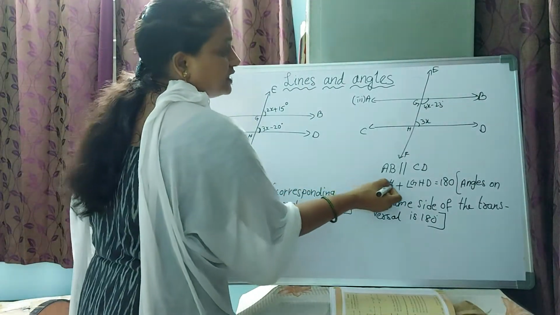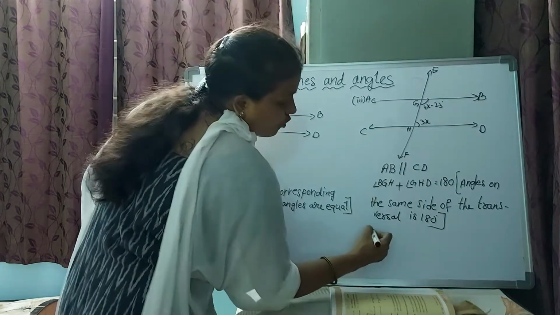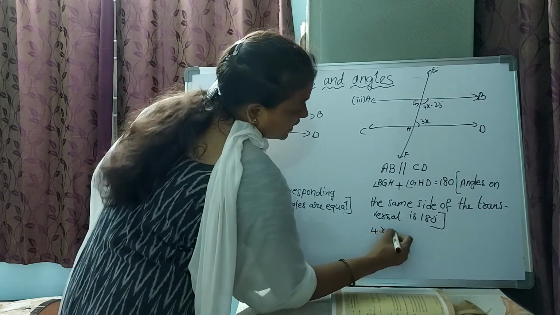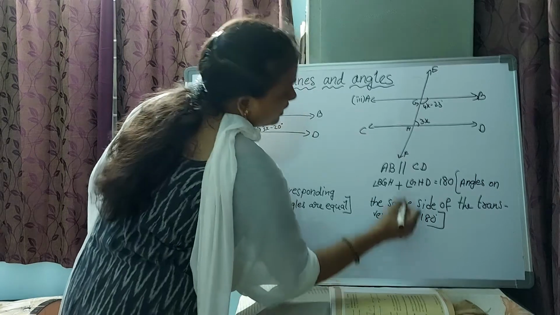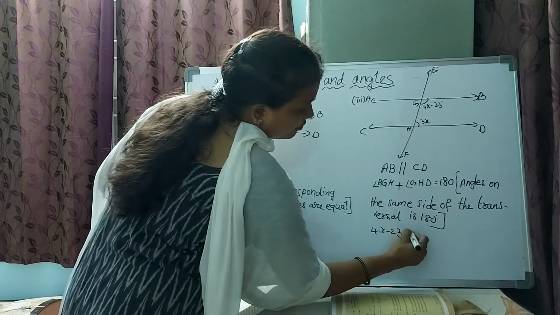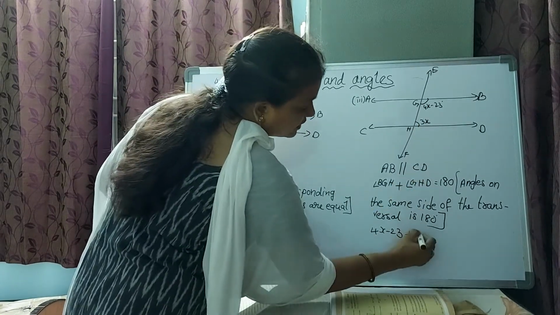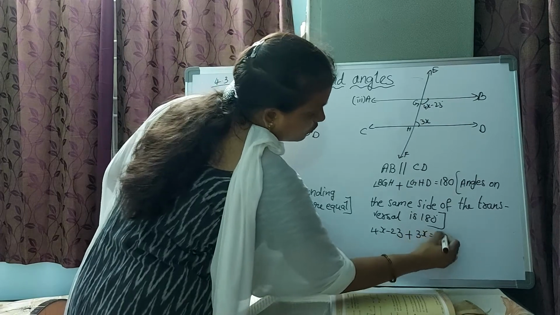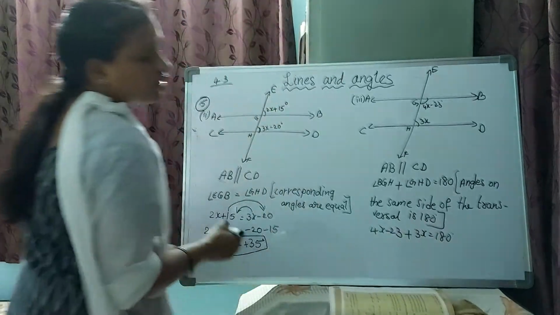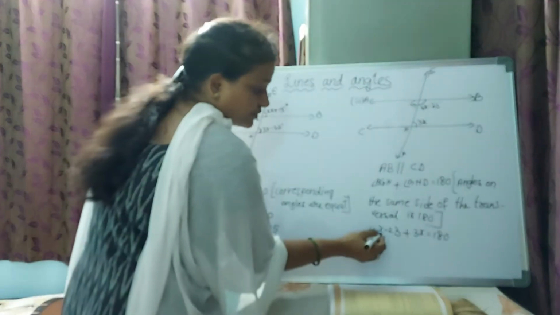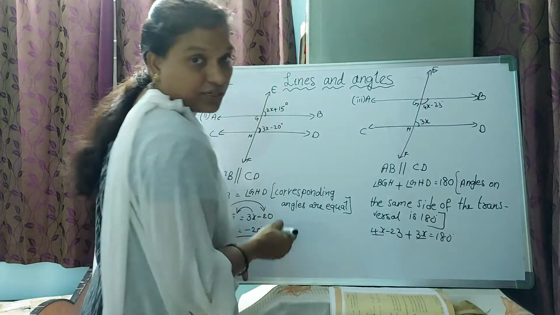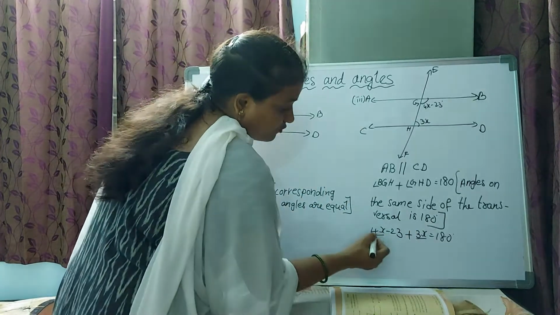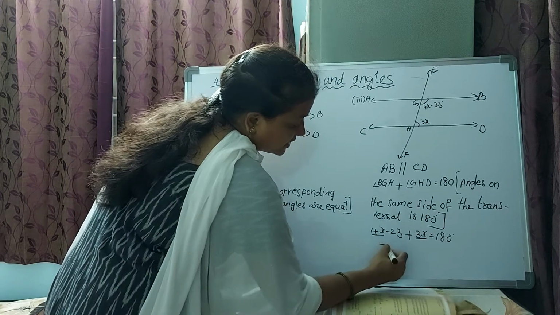So angle BGH is 4x minus 23, plus angle GHD, which is 3x, is equal to 180 degrees. Now add the variable terms 4x and 3x, like terms, so 4x plus 3x is 7x.